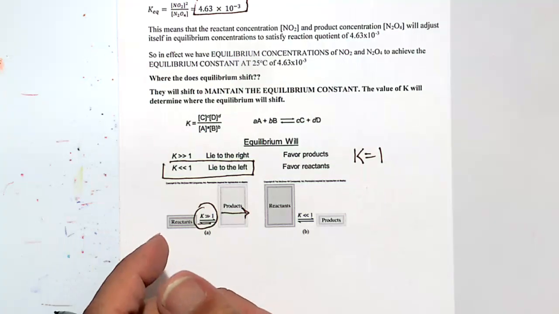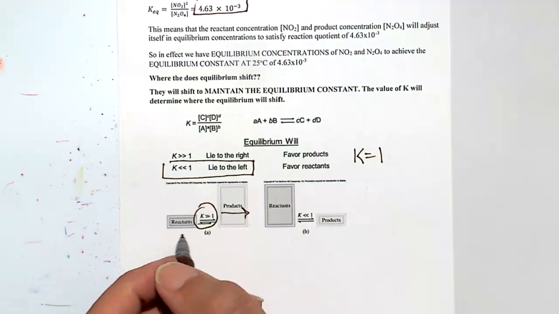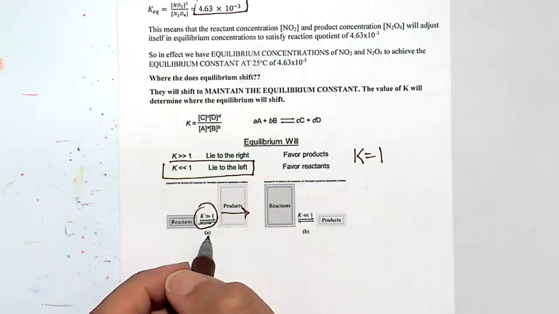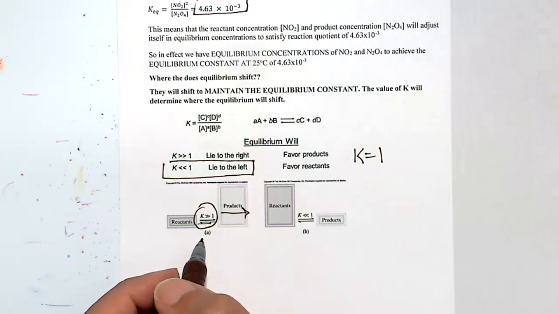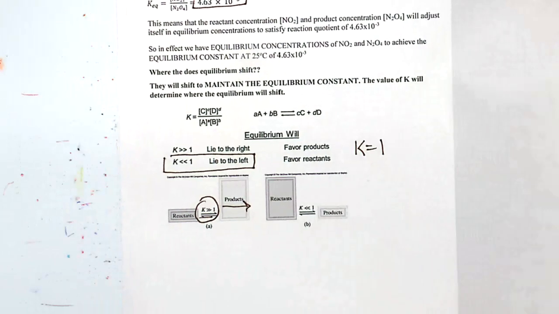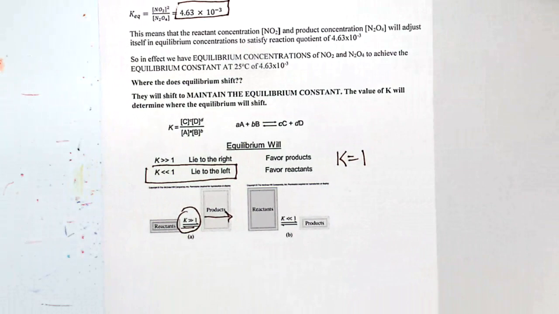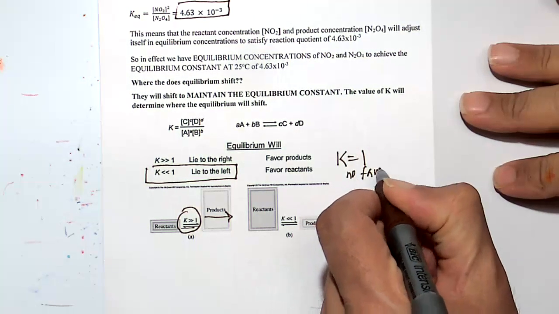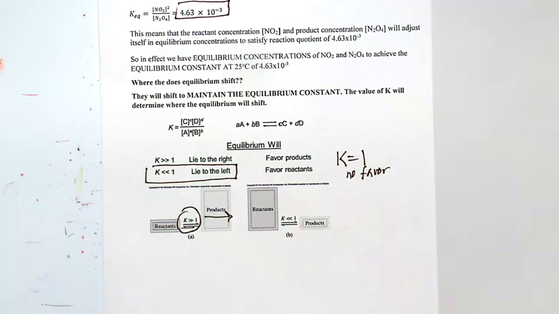If you have an equilibrium constant that's 1 million, 1 times 10 to the 6th, you're definitely moving forward towards the products. K is equal to 1, no favor. It does not favor the products, does not favor the reactants.